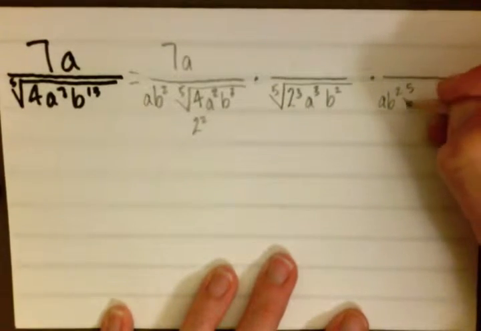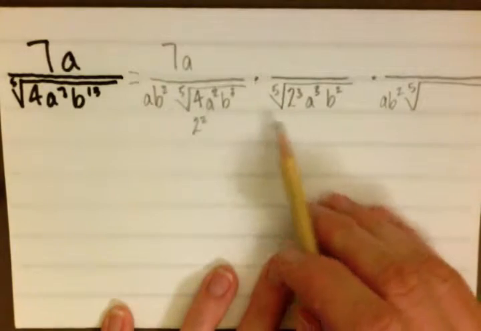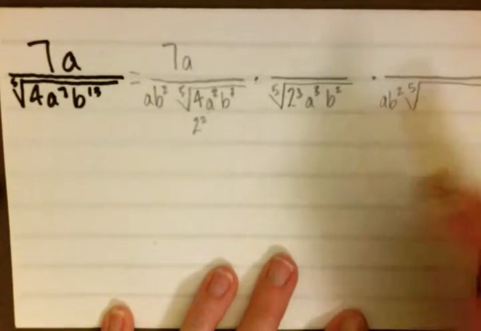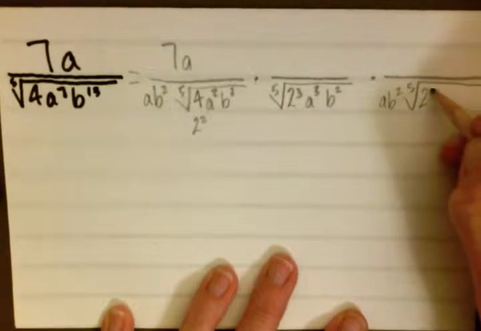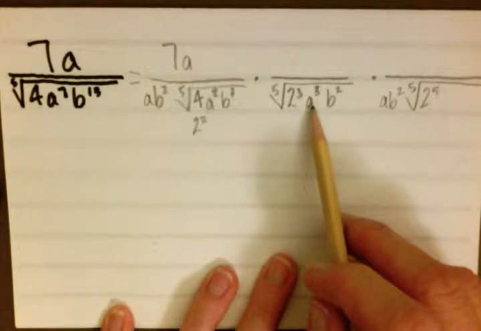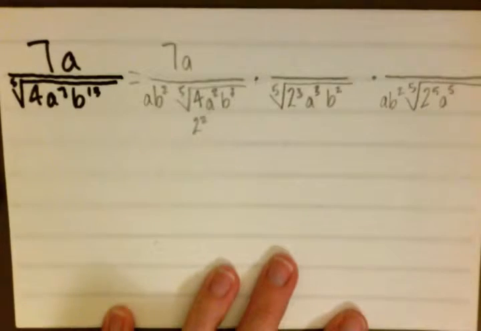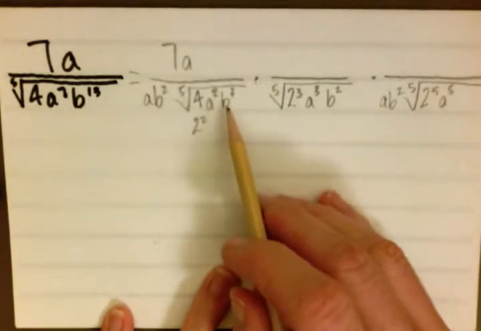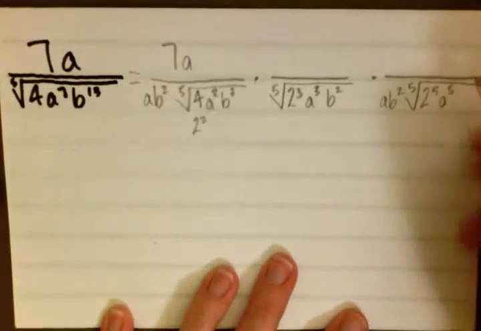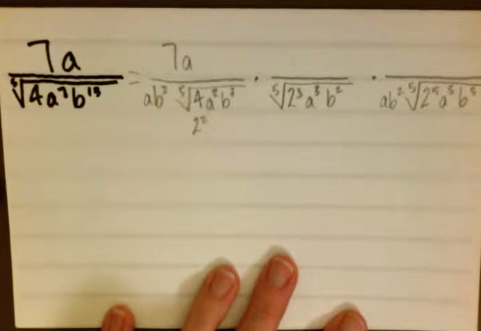So we still have the fifth root. 2 squared times 2 cubed is 2 to the 5th. And a squared times a cubed is a to the 5th. And b cubed times b squared is b to the 5th. So I hope you're seeing a pattern here.